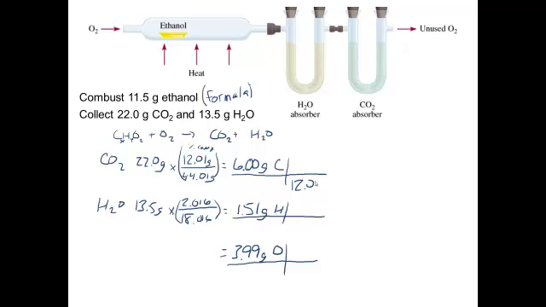So the molar mass of carbon is 12.011 grams, and that's equal to 1 mole. Likewise, hydrogen, 1.008 grams, is how much 1 mole of hydrogen weighs. And oxygen is 16 grams to 1 mole. And we have 3 equations we need to divide out. 6 divided by 12 is pretty easy.